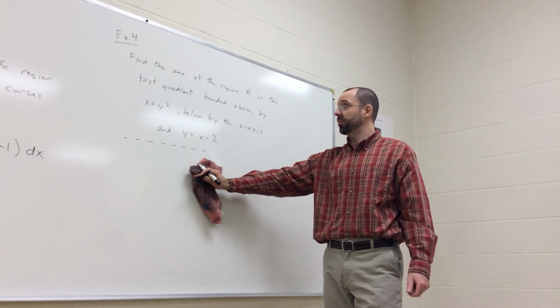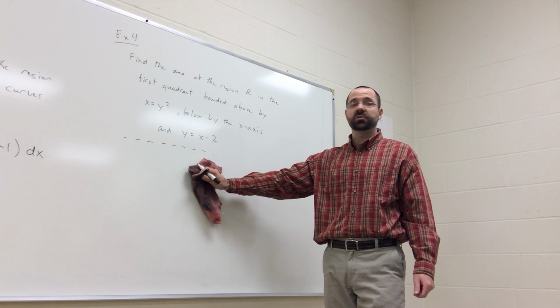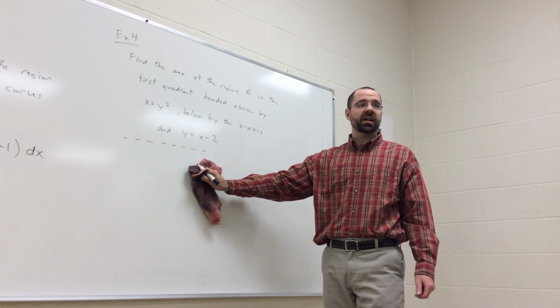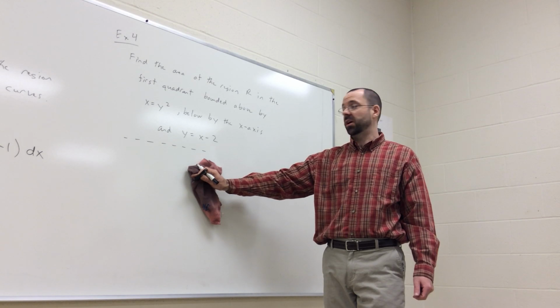So find the area of the region R in the first quadrant bounded above by x equals y squared, below by the x-axis, and by y equals x minus 2.